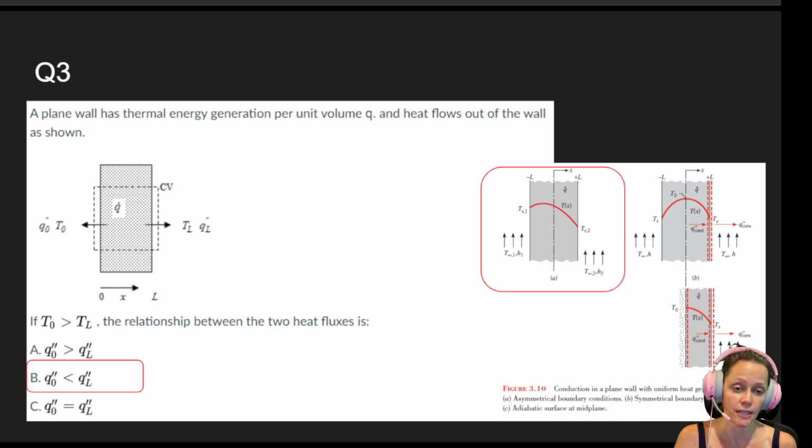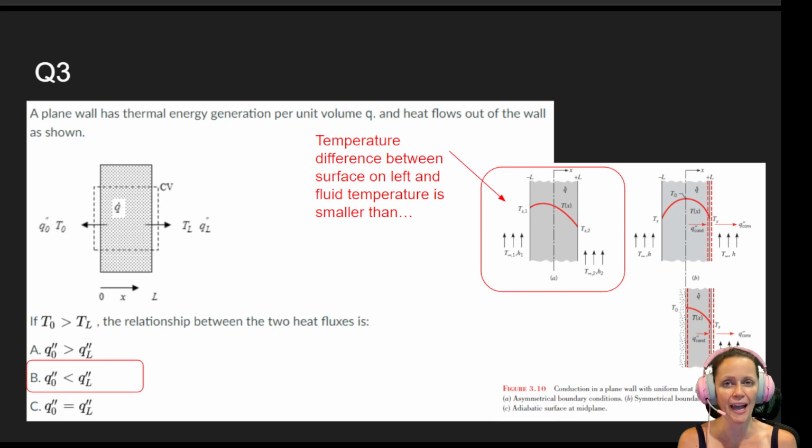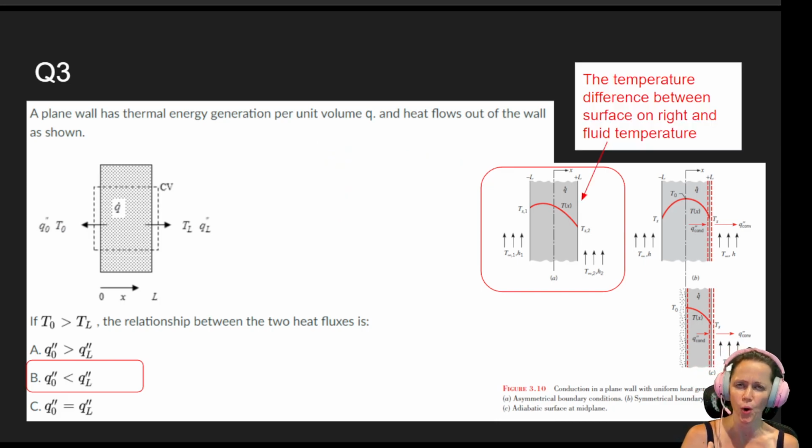On the left-hand side, in figure 3.10, it's at x equals negative L. But on that left face, you can see that dT/dx is smaller, right? The slope is not as steep as on the right face, right? And so the heat flux on the left-hand side will be less than the heat flux on the right-hand side, as is evidenced by what I'm showing you right here.